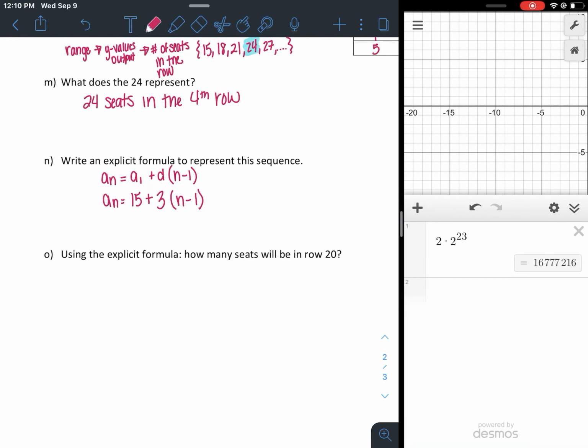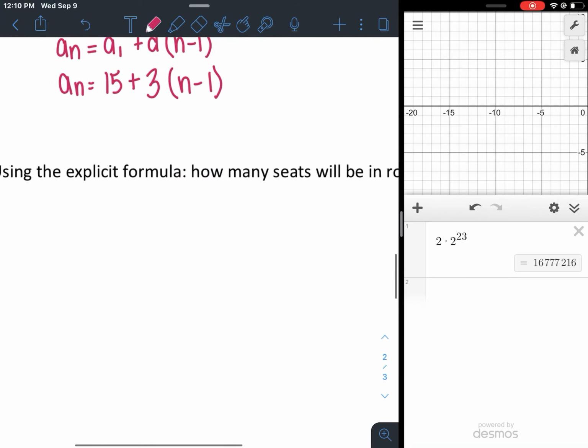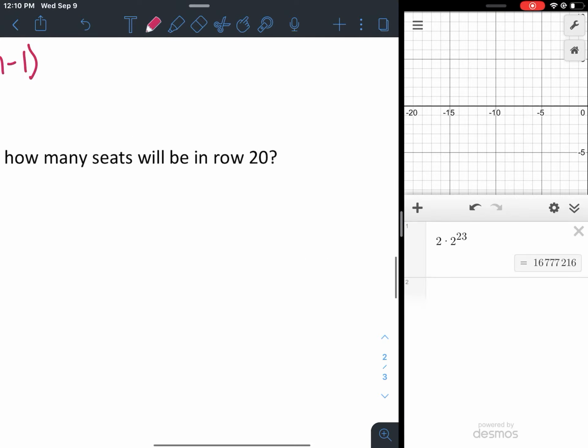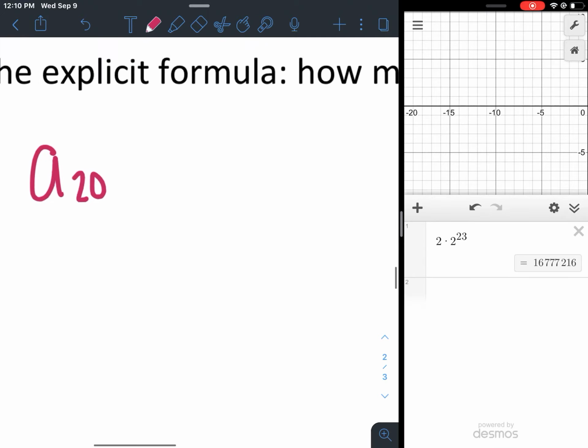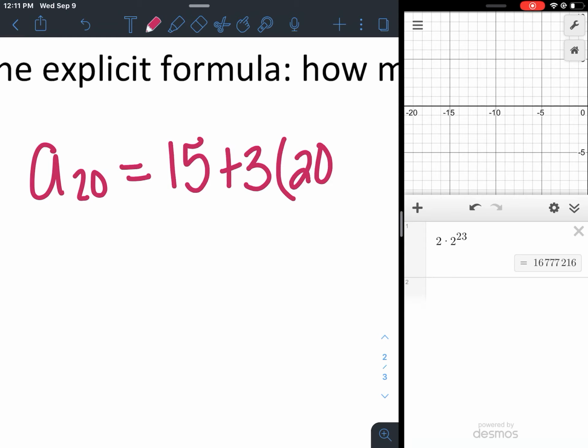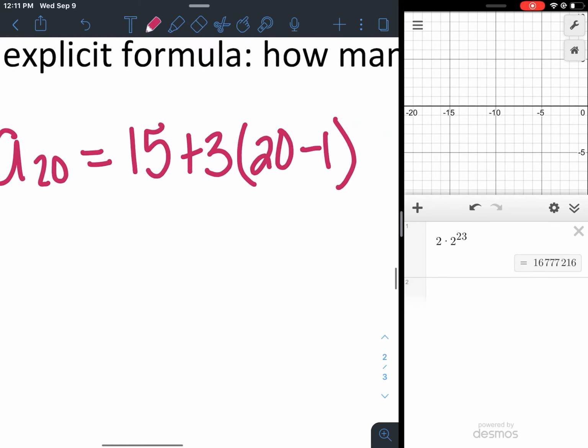Use that same explicit formula to find how many seats there will be in row 20. So a sub 20, n equals 20, row 20. I kind of wrote that backwards. I hope you get the point. In the 20th row, that's 15 plus 3 times n, which is 20 minus 1.